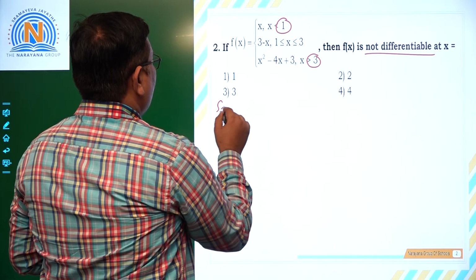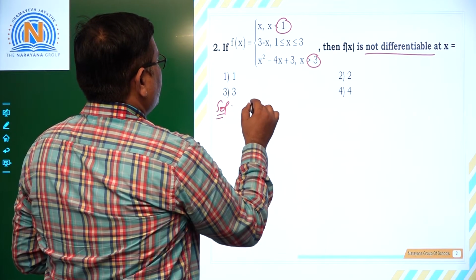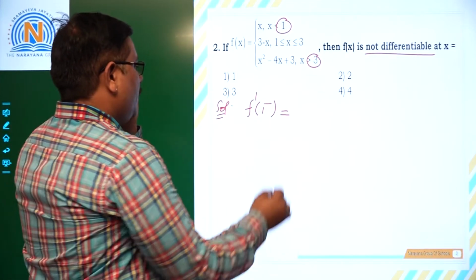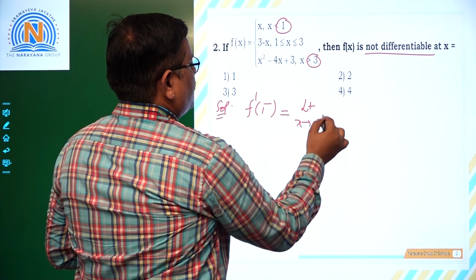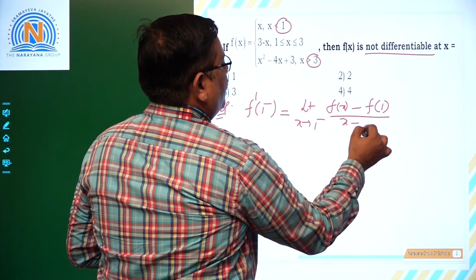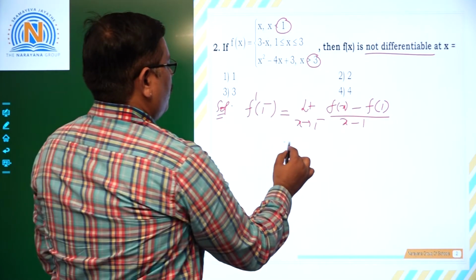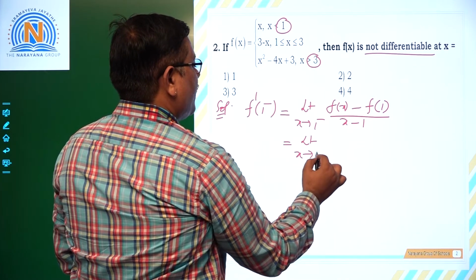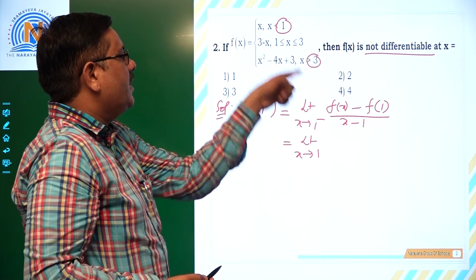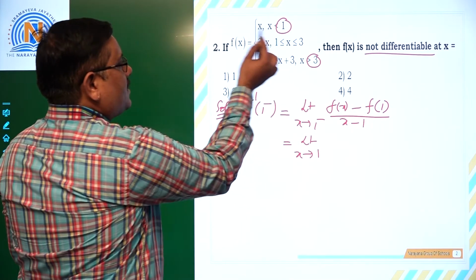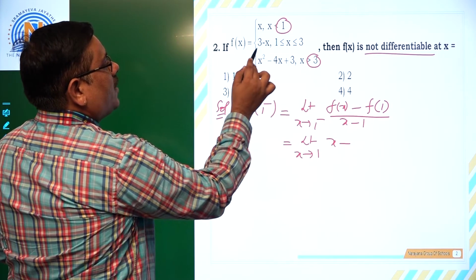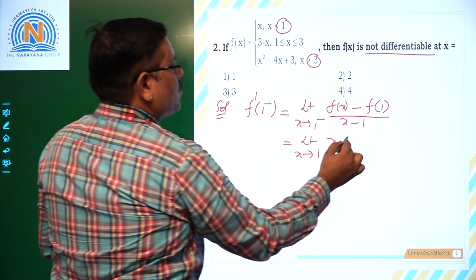First step is finding LSD at 1, that means f dash of 1 minus. How is it defined? Limit x tends to 1 minus of f(x) minus f(1) by x minus 1. For 1 minus, I choose the function x, because x less than 1 means the function is x. And f(1) means x is equal to 1 in the middle function: 3 minus 1 becomes 2.